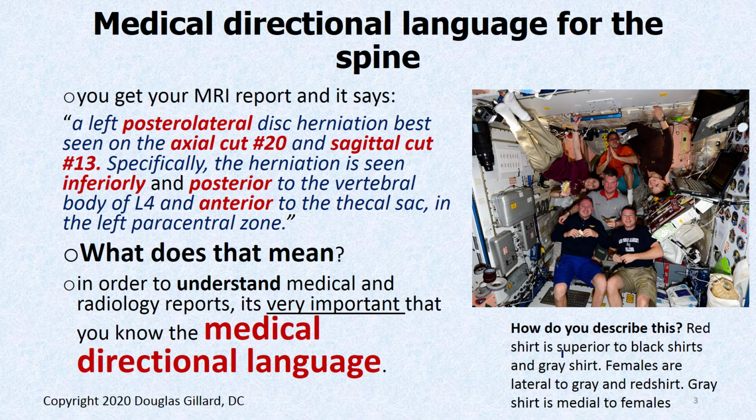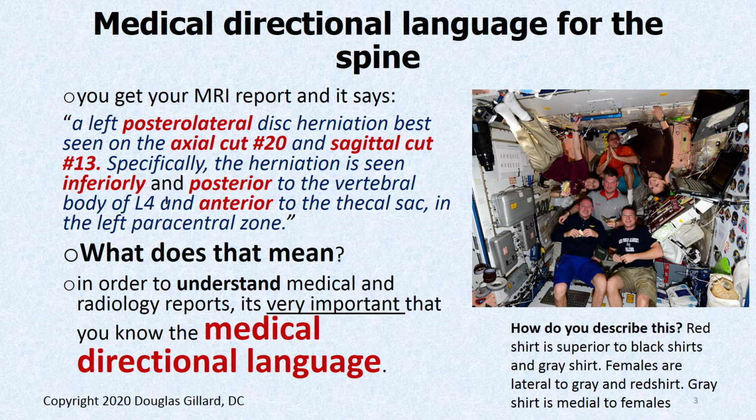All right, so medical directional language, as I said, here's an example. Here's an MRI report. A patient had a left posterior lateral disc herniation, best seen on the Axial Cut 20. What is he talking about? What's a posterior lateral disc herniation? What's Axial Cut 20 and Sagittal Cut 13?